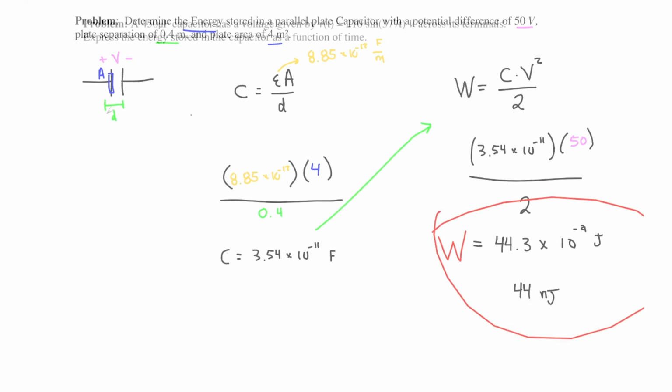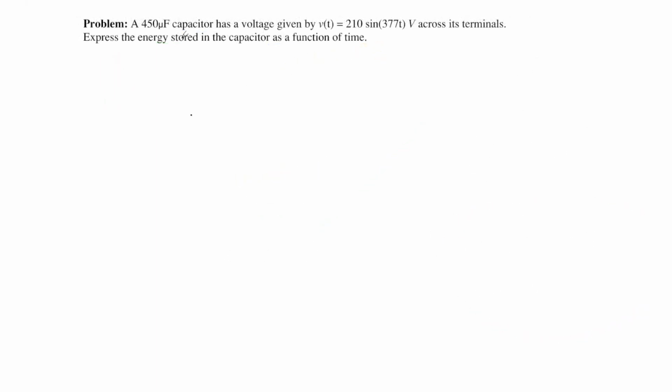For this problem, we have a 450 microfarad capacitor with a time-varying voltage source applied at its terminals. We will need to express the energy stored within the capacitor as a function of time. Well, we can once again use our energy equation: energy equals capacitance multiplied by voltage potential squared divided by 2.